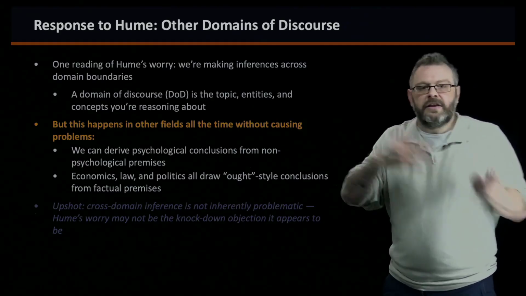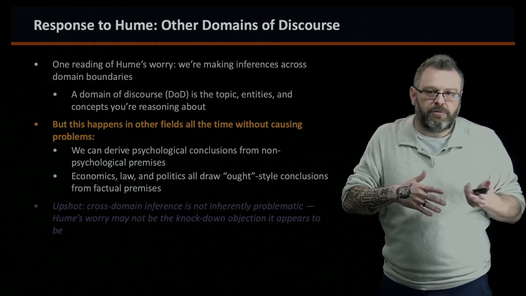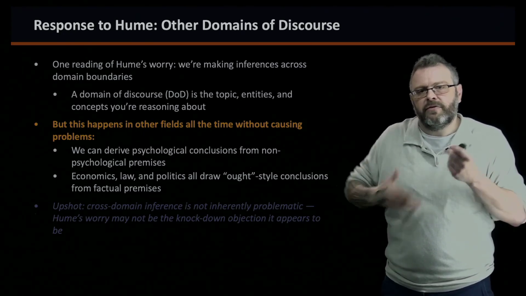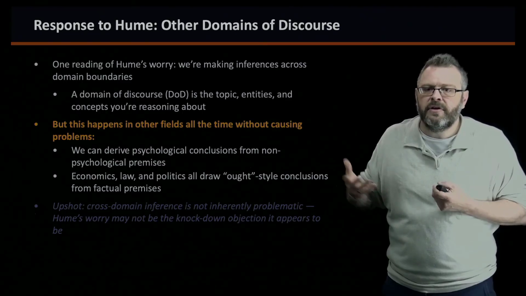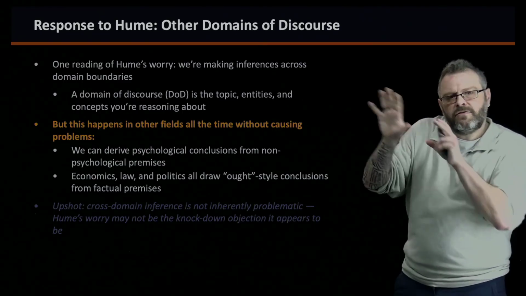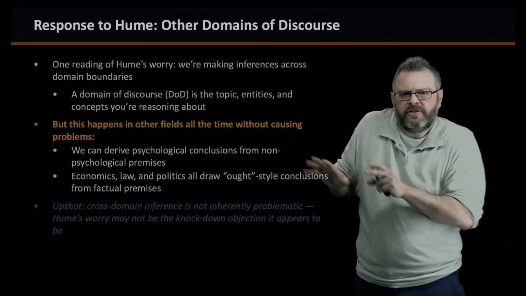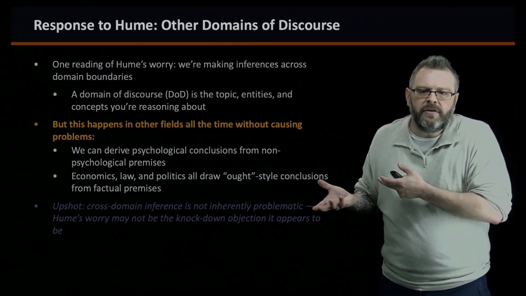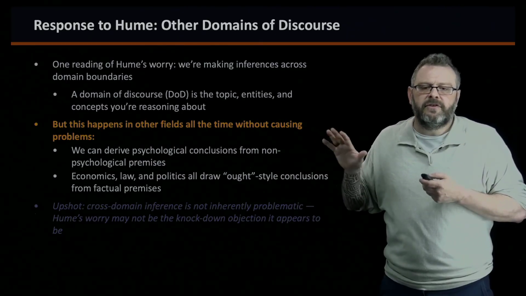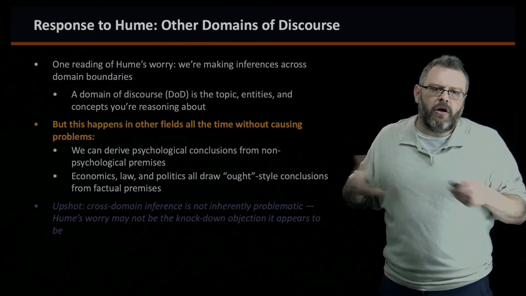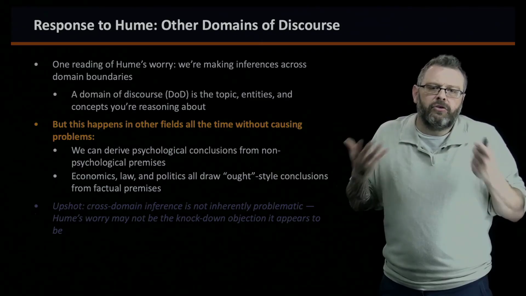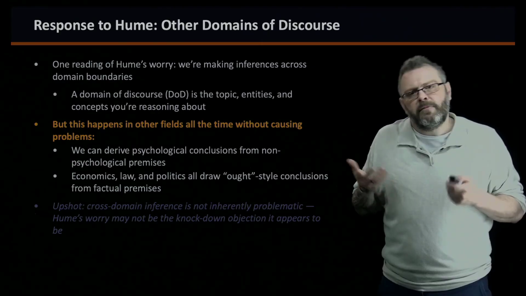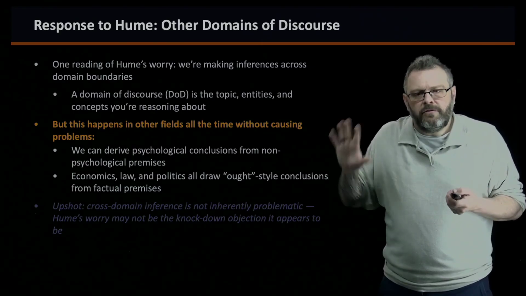We can derive economic principles from non-economic premises. So this, what's called a domain of discourse, the topic that you're talking about, you can make that shift. We do this. This isn't that mysterious of a thing. There's a lot of different domains of discourse that draw these ought conclusions, these normative conclusions, and we don't seem to find that all that mysterious. So, okay, maybe there's something here.